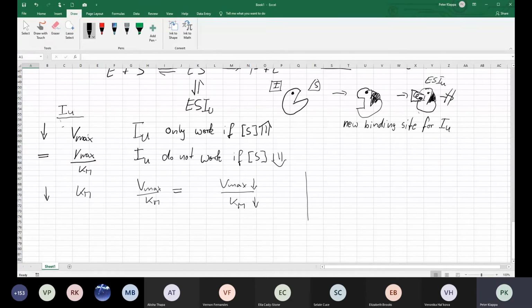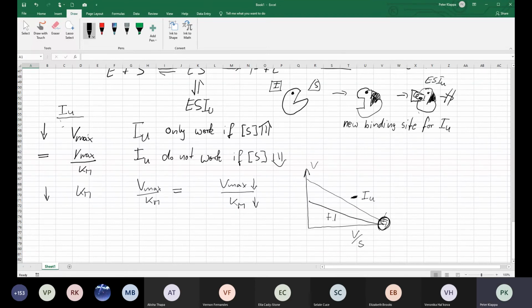In an Eadie-Hofstee plot, we would find V over S. That is without the inhibitor. And with the inhibitor, they are both here at the same time.